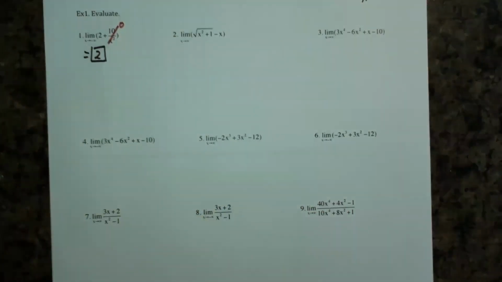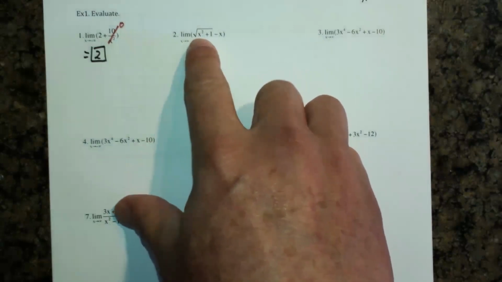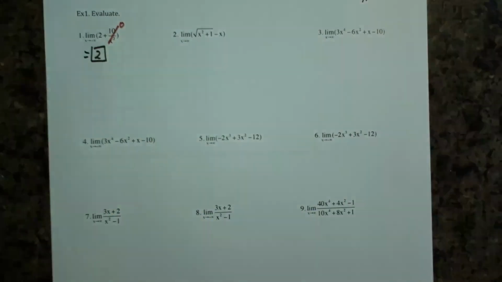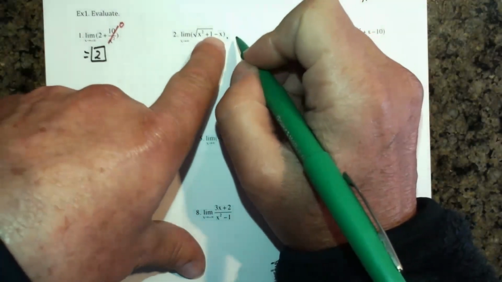Number 2 is a little bit more involved. We have a radical here, and notice that as we go to infinity, we're doing the square root of x squared, that's just x, minus x. So it's kind of like they're canceling each other out in a sense, maybe. But let's find out. So I'm going to multiply this by the conjugate. That's going to be a plus there.